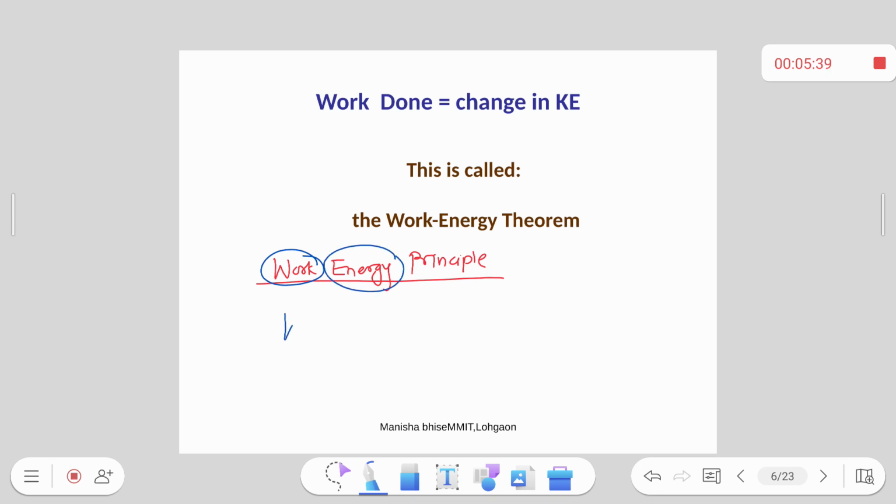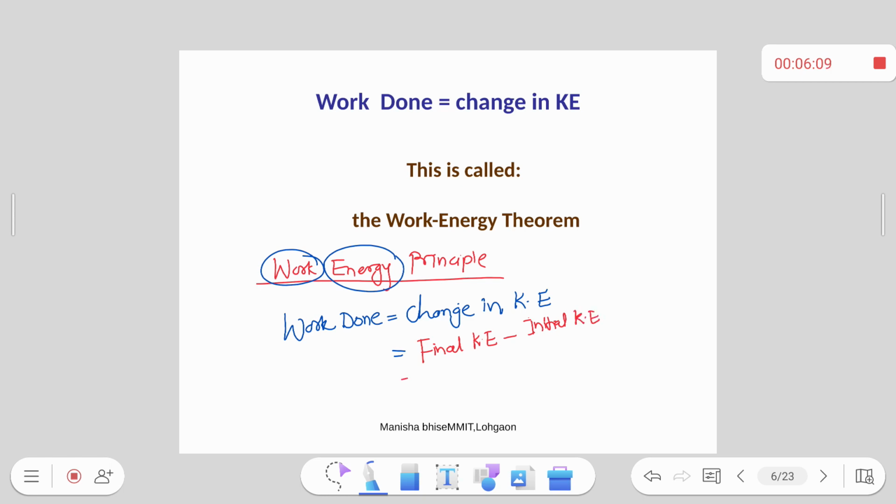So I'm going to write down: work done equals the change in kinetic energy. What it means is the change in kinetic energy, which I write as final kinetic energy minus initial kinetic energy.